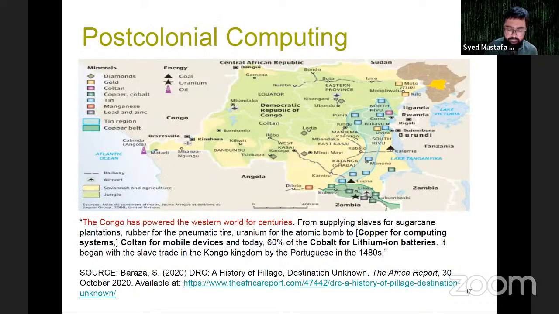In this connection, consider, for example, resource extraction in the Congo, which has gone on for centuries and which continues to power the global north, commencing with the extraction of copper for computing systems during the Cold War, and more recently, cobalt for lithium-ion batteries and coltan for mobile devices.